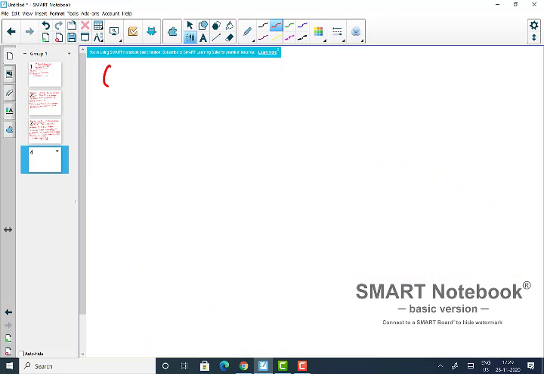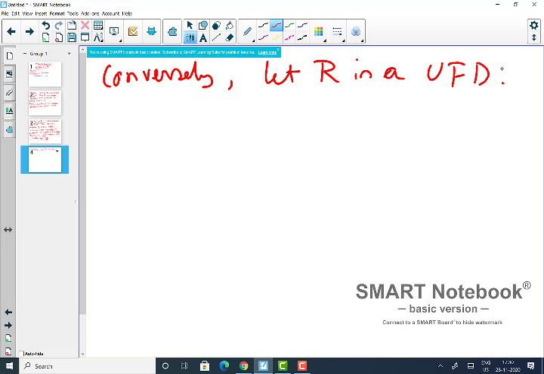So now conversely, let capital R be a unique factorization domain. I need to prove that R[x] is a unique factorization domain, right? So let you start with a non-zero non-constant polynomial.